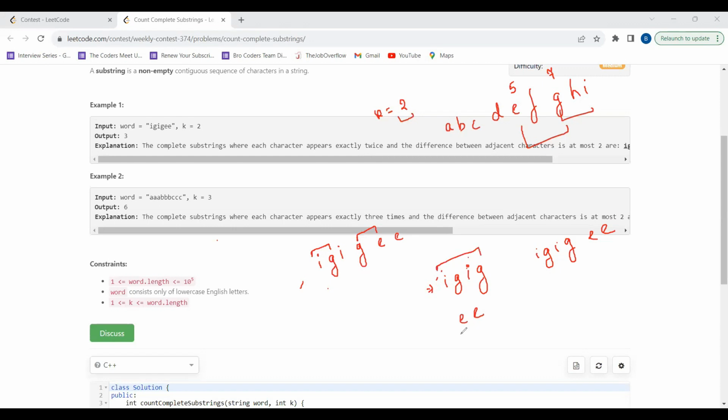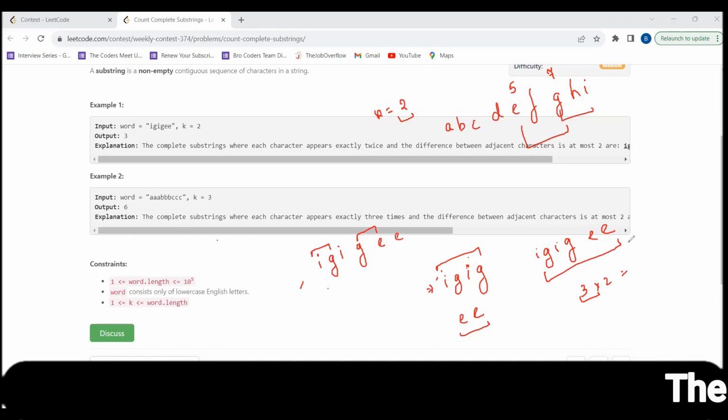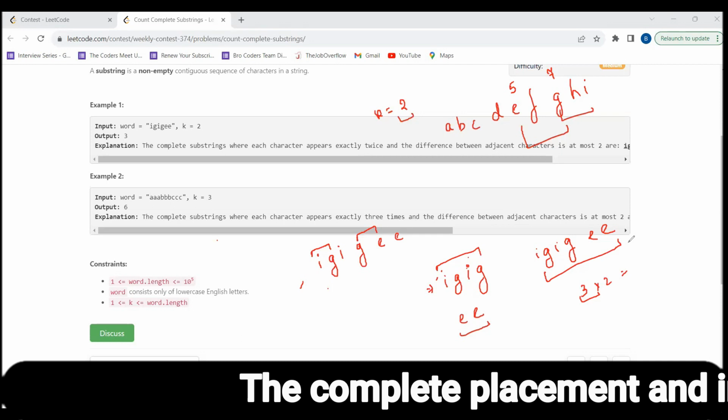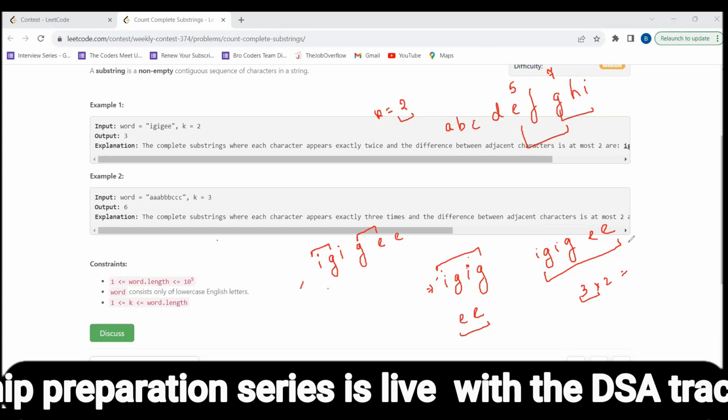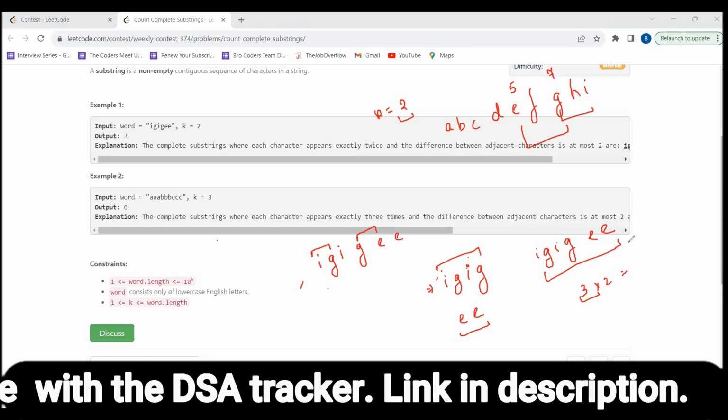In this substring, we have just one unique character, E, occurring 2 times. In this substring, we have 3 unique characters, and each occurs exactly 2 times. Apart from this, you can't form any other substring in which every unique character occurs exactly k times.